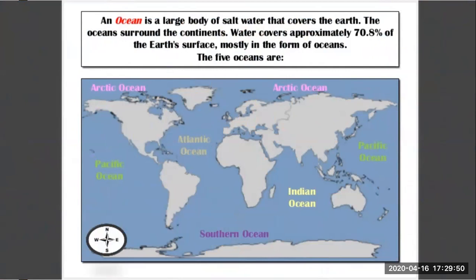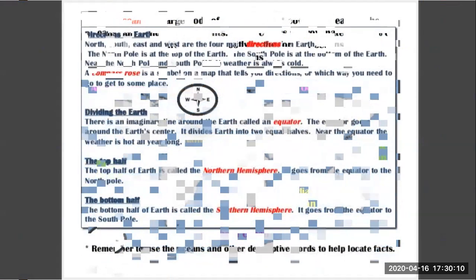So it is the water that is covered in most places on the planet Earth. So there are 5 oceans. They are Arctic Ocean, Pacific Ocean, Atlantic Ocean, Indian Ocean, and the Southern Ocean.